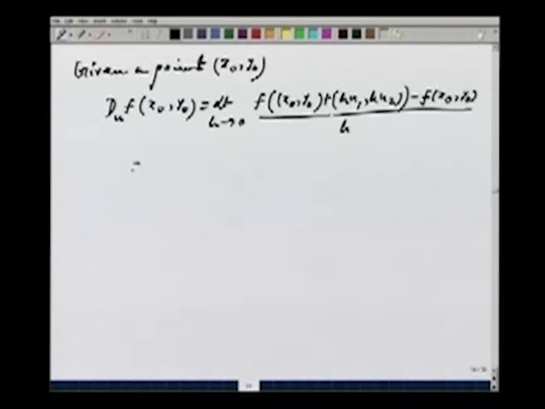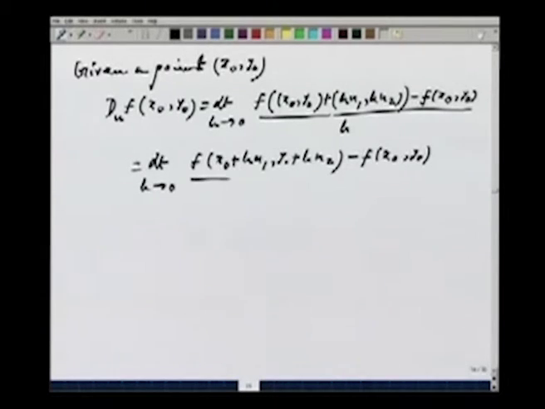Using the rule of addition in R2, I write it as the limit h going to 0 of f of (x naught plus h u1, y naught plus h u2) minus f of (x naught, y naught), divided by h.